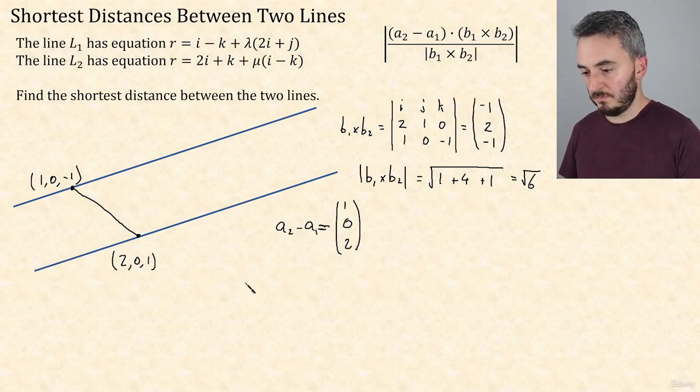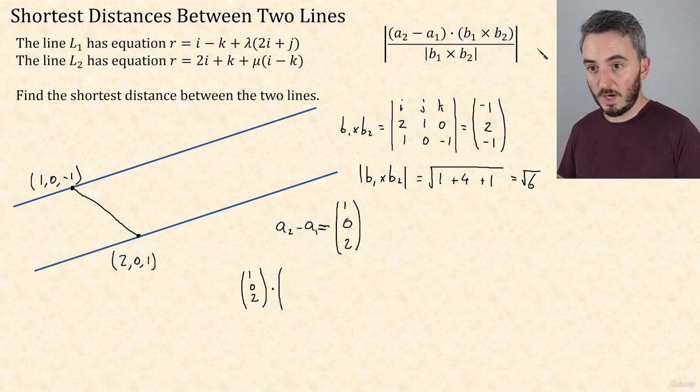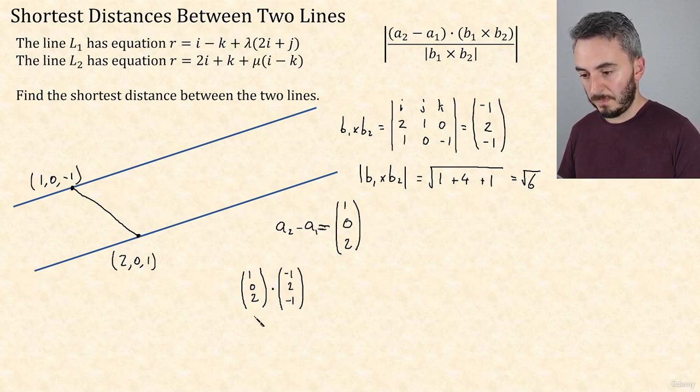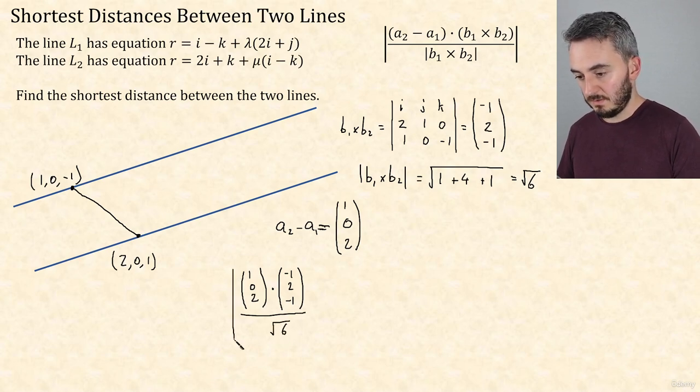So we're going to do a2 minus a1, 1, 0, 2, dotted with b1 cross b2, which was -1, 2, -1, all over root 6, all inside a modulus if we need it. What do we get?